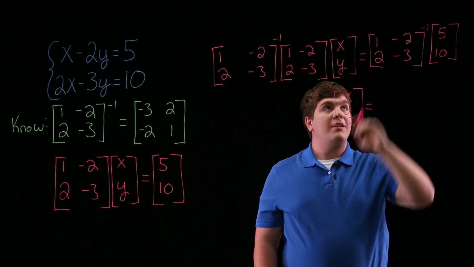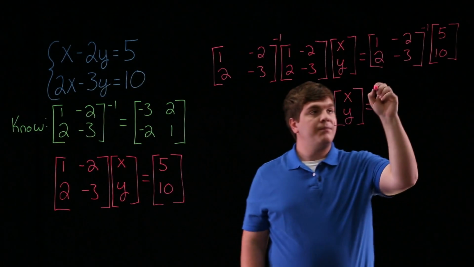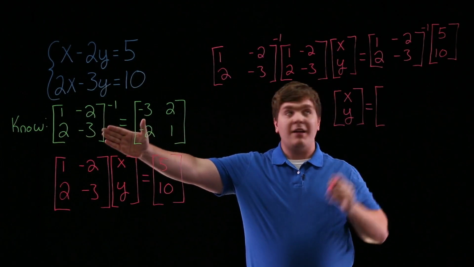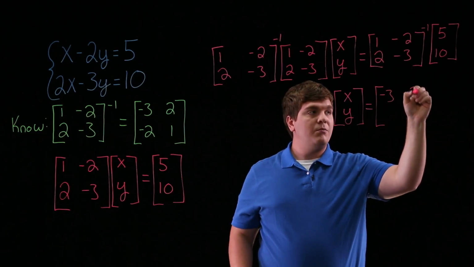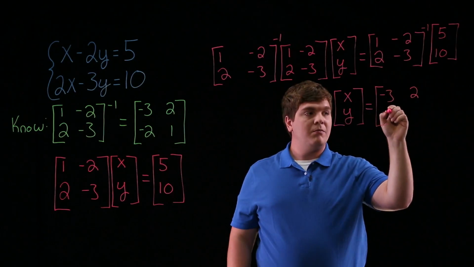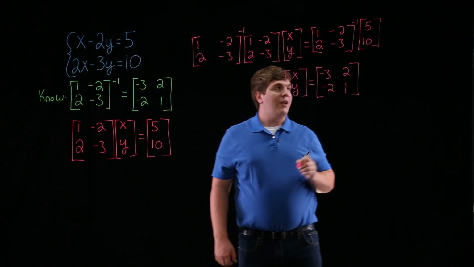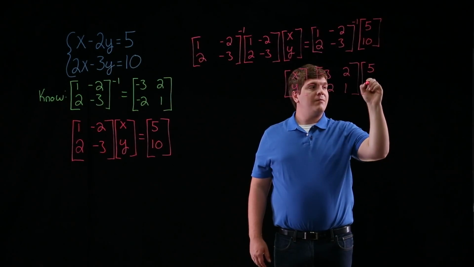But we know what the inverse of this matrix is, as it was given to us when we started the problem. So we have x, y is equal to the inverse, which is -3, 2, -2, 1, multiplied by our constant matrix, which is 5, 10.